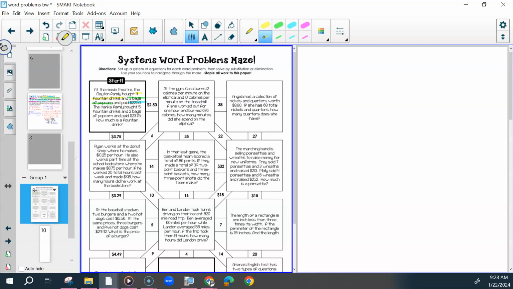So the 4 fountain drinks, the 3 bags of popcorn, and $22.50. What else? 5 fountain drinks and 2 bags of popcorn, $23.75. And what are we looking for?